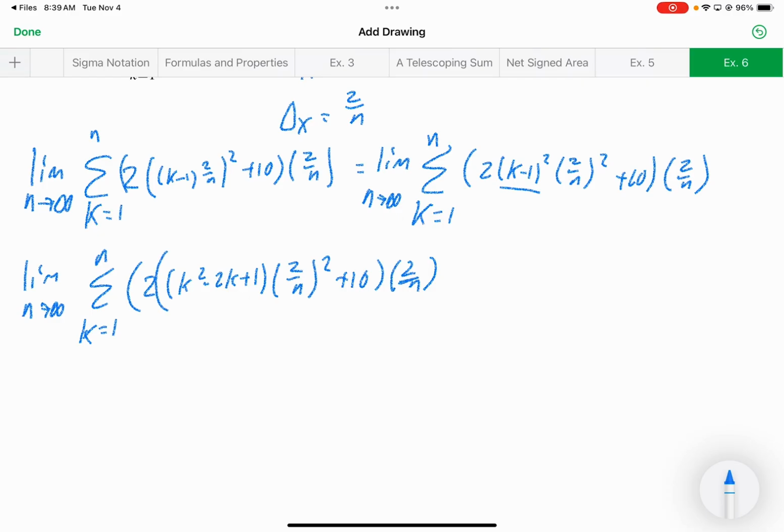Two is multiplied by all of this, so I have to put a set of parentheses right there. Those things are multiplied by each other, but that's okay. It keeps our thoughts organized.